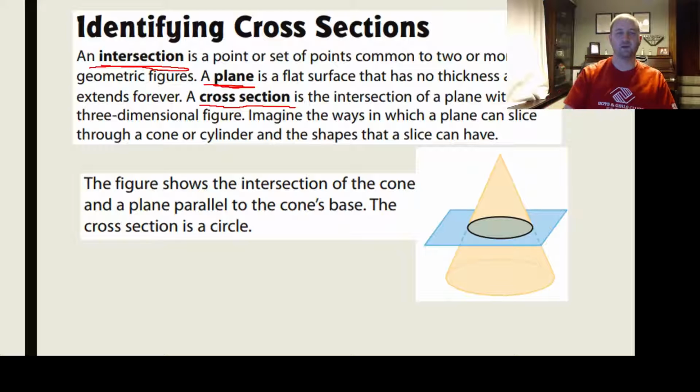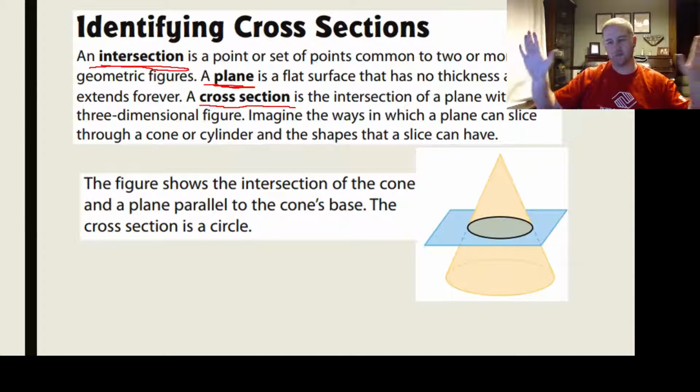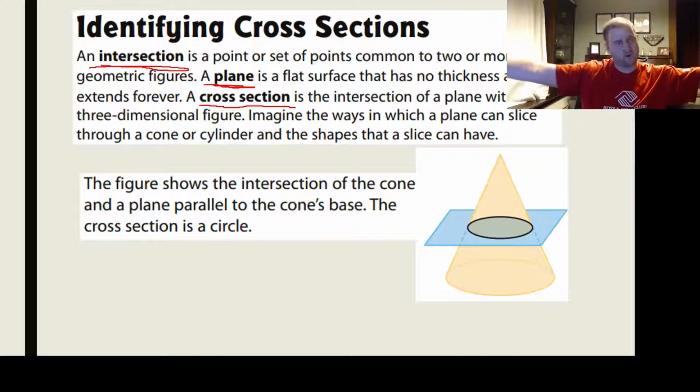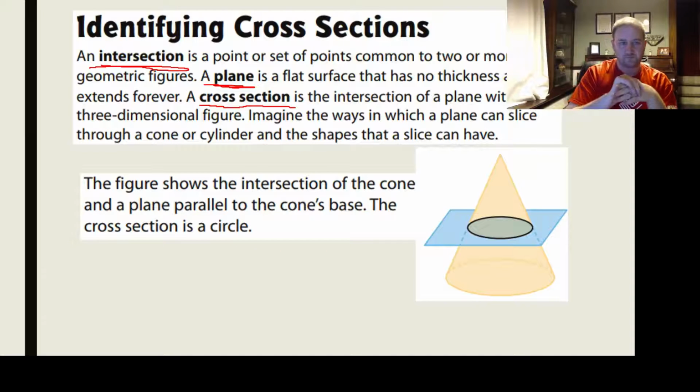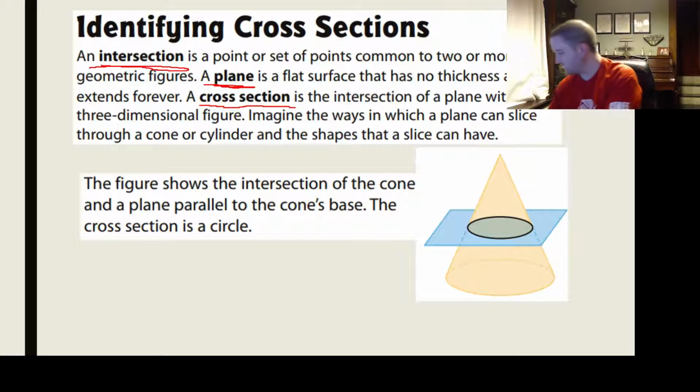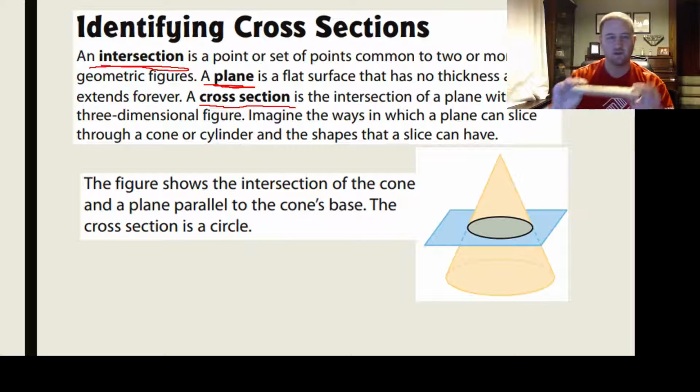So a plane basically is just a flat surface, and you can think it goes on forever in all directions. Think of it like a piece of glass or a piece of paper that just goes on forever. Okay. A cross section then is if I have a 3-dimensional shape. So let's say I have this 3D shape here. It's like a little box.